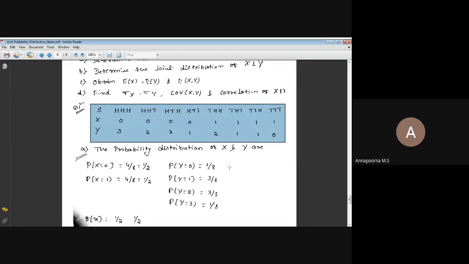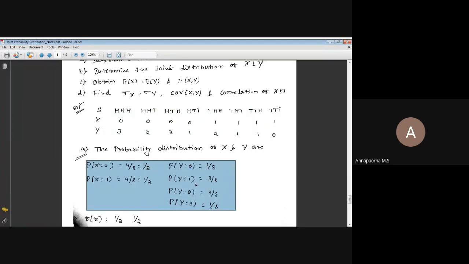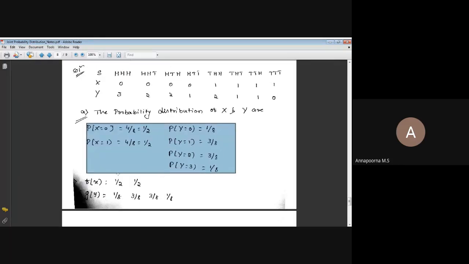Y is 2 is again 3 by 8. And y is 3 is 1 by 8. These are the probability distributions of x and y. So these correspond to your f values and g values. Okay, marginal distribution. So f of x is given by 1 by 2, 1 by 2, and g of y is given by 1 by 8, 3 by 8, 3 by 8, and 1 by 8.